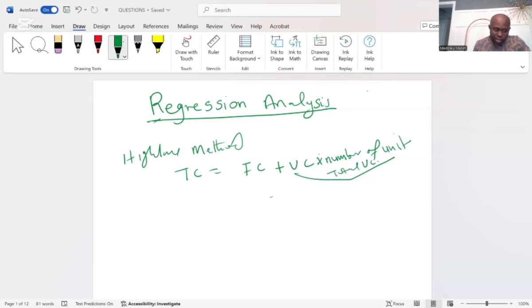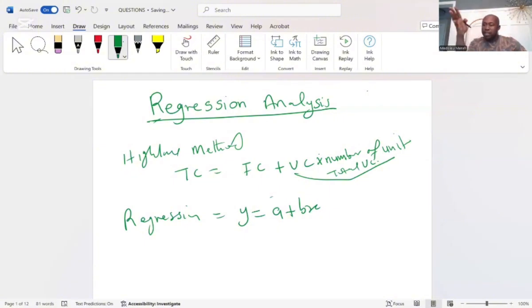But with regression analysis, we don't use total cost, fixed cost, or variable cost in this form. We say the formula is y equals a plus bx. This is the formula to calculate fixed cost and variable cost using regression analysis.